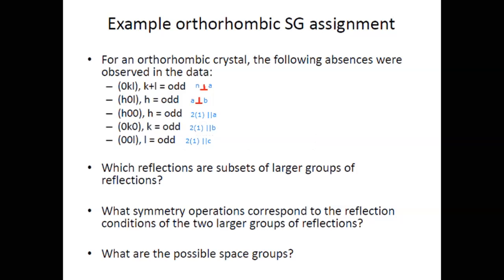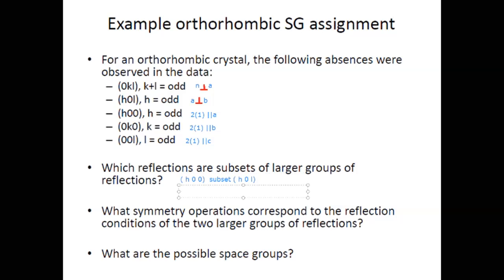And so here it says what reflections are subsets of larger groups of reflections. And so the reflections that are subsets of larger groups are the H00, which is a subset of the H0L.